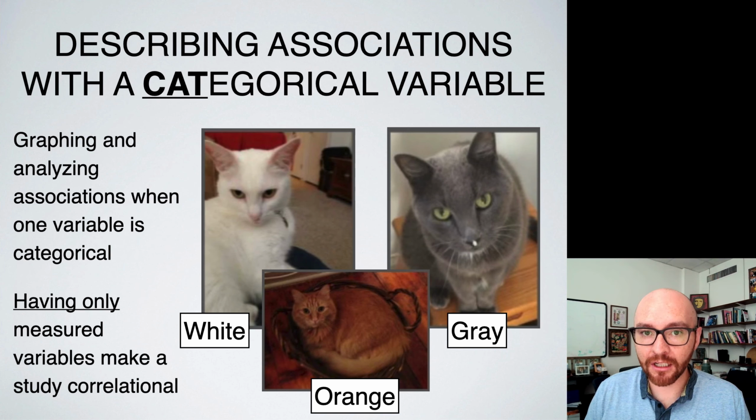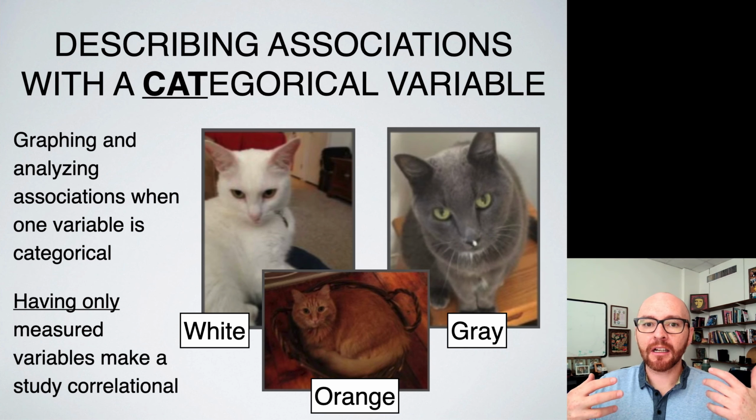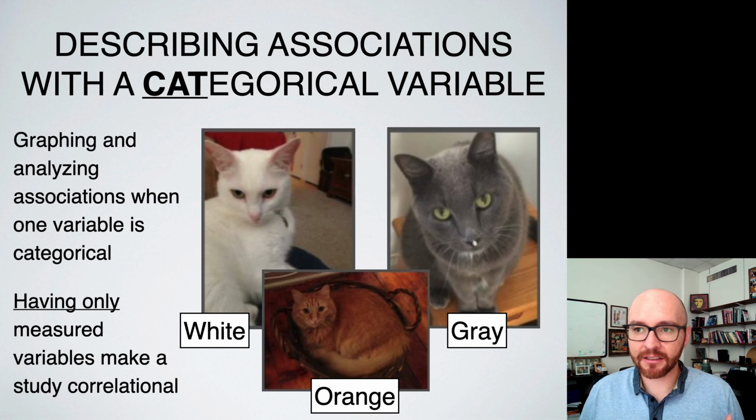Even if people self-categorize, that's still a categorical variable. Say we did ethnicity but left it open-ended, and people responded, I'm Hispanic, I'm Latinx, I'm Salvadorian, I'm Guatemalan, I'm Peruvian American, Chicana, Chicanx, right?